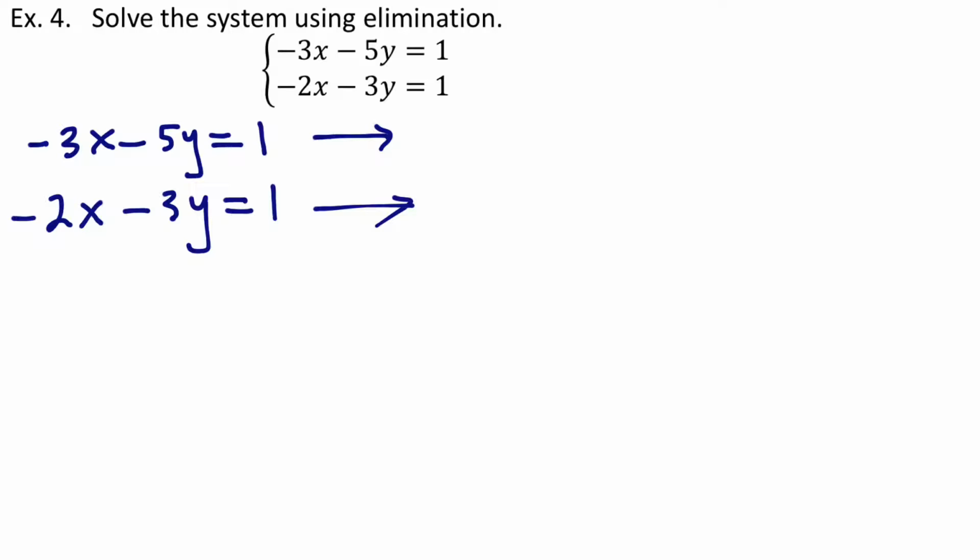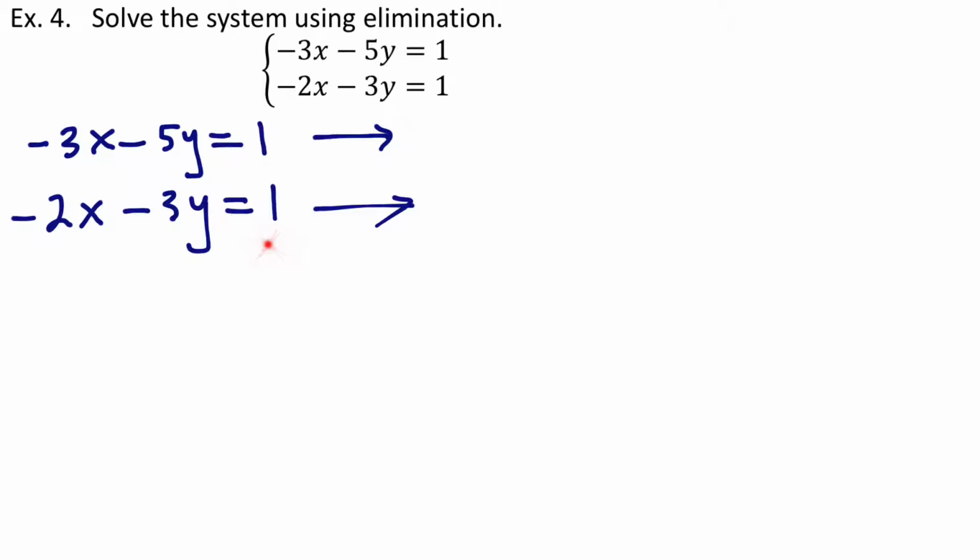In this case, it's going to have to be a fraction to cause that 3 right here to be a positive 2, so that when I add 2x and negative 2x together, these two terms are going to cancel each other out. So this is why some people are tempted to call this the addition method, because basically we're going to try to add these two equations together and drop one of these variables out.